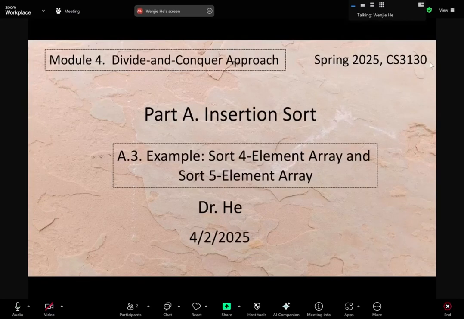Next, 8.3 example. Sort a 4-element array and sort a 5-element array. There are 2 problems, 2 sorting questions. The ideas we are going to use to solve these 2 problems are closely related to the insertion sort.